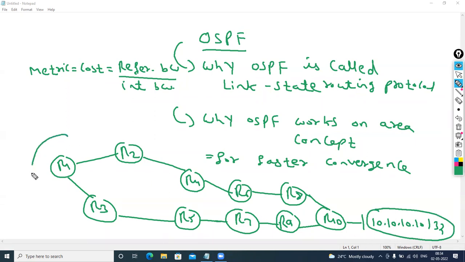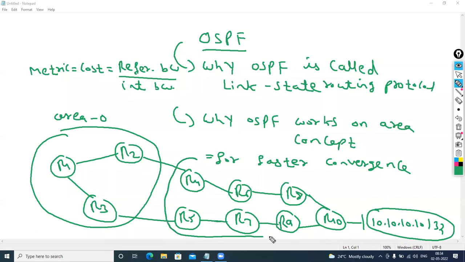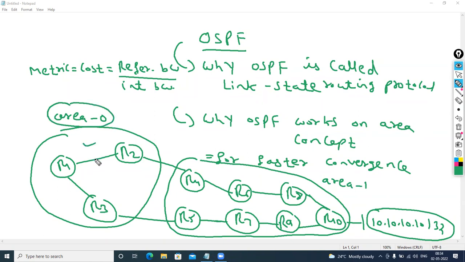Compared to that, let us consider we are dividing into areas: Area 0, and we are putting all these routers in Area 1. Inside the area, it is very easy to calculate for that particular area. Instead of calculating for all the routers, it will calculate for those particular areas.